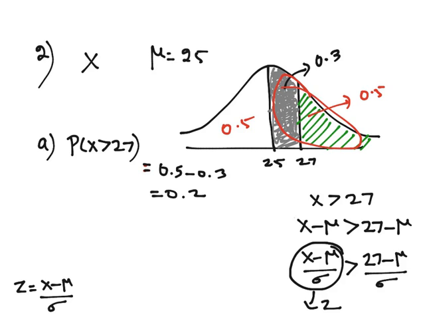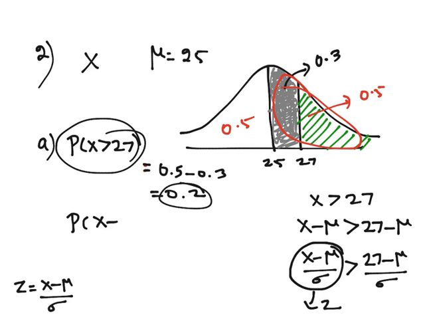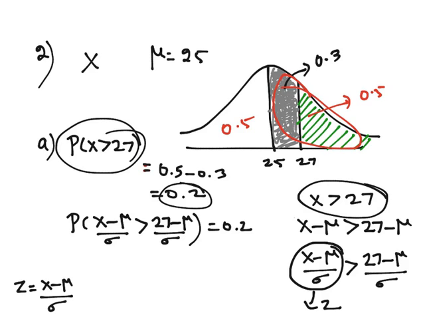That means P of x more than 27 is 0.2, isn't it? That means P of x minus mu by sigma greater than 27 minus mu by sigma equals 0.2. How? As I mentioned, x greater than 27 implies this, this implies this and this implies this.